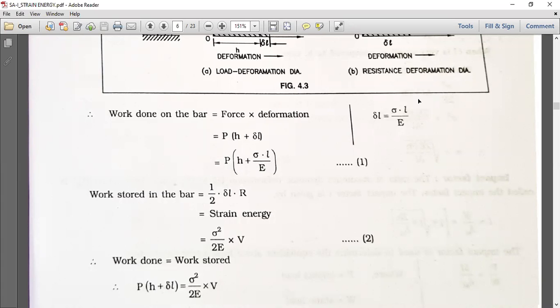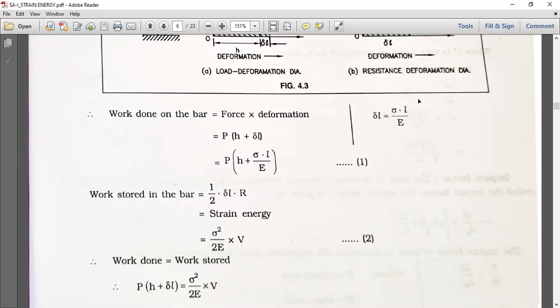But we can also say that delta L is equal to sigma into L divided by E. Putting in the value, we get P(h plus sigma L divided by E). The work stored in the bar is equal to 1/2 delta L into R.